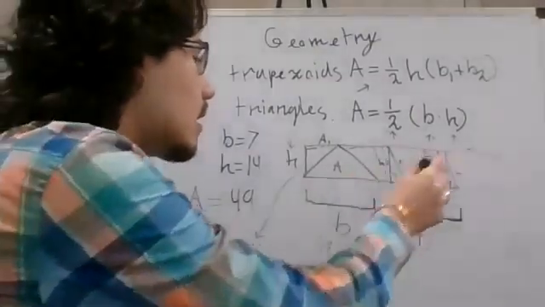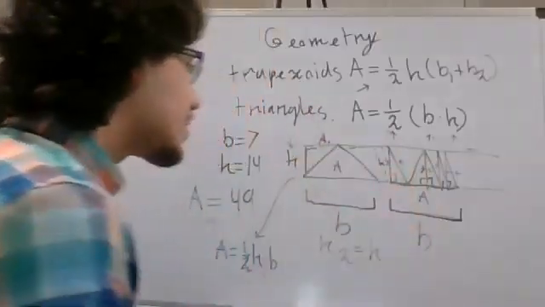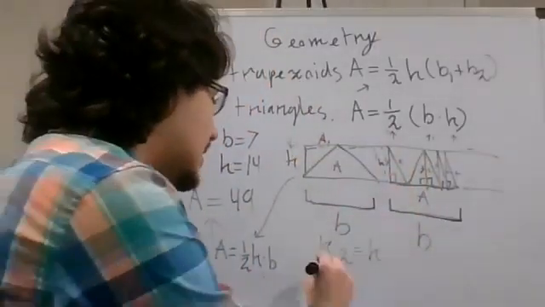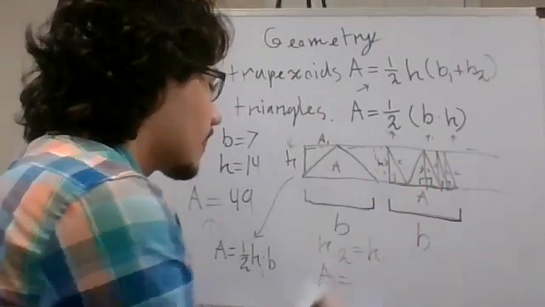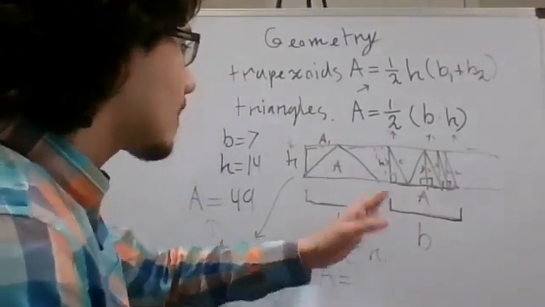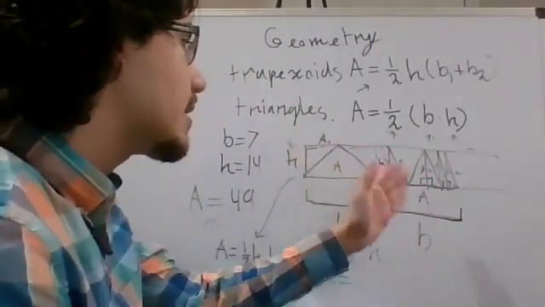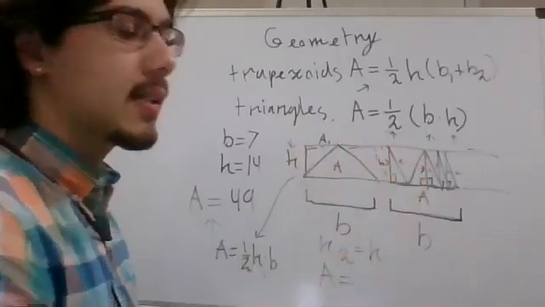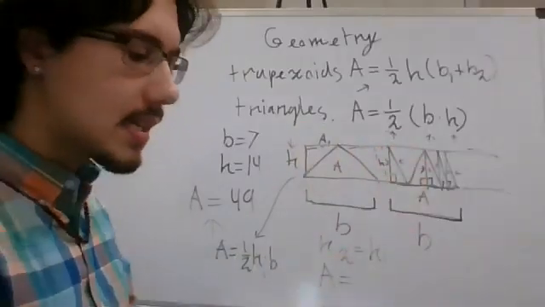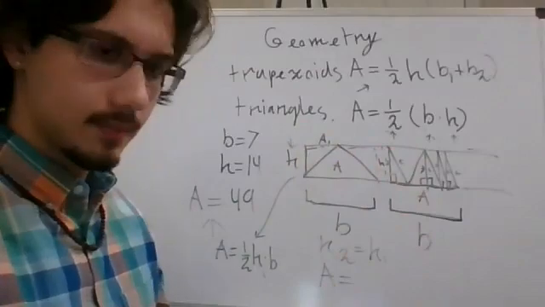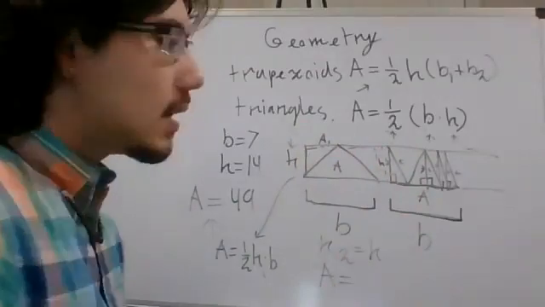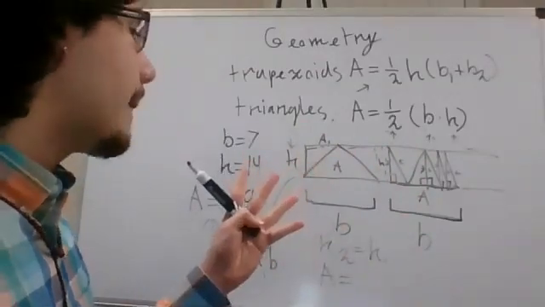And because these are all triangles, we know that the area will be all the areas of these triangles combined. Does that make sense? Yes, sir. Okay, so we have 4 triangles here.